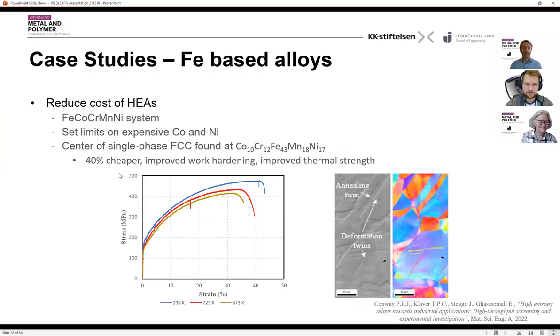This composition was 40% cheaper than the equiatomic alloy, but we also found that we had improved work hardening and improved thermal strength. And when we did in situ studies on this alloy, we found that we had managed to activate twinning, and that's because we had reduced the stacking fault energy.